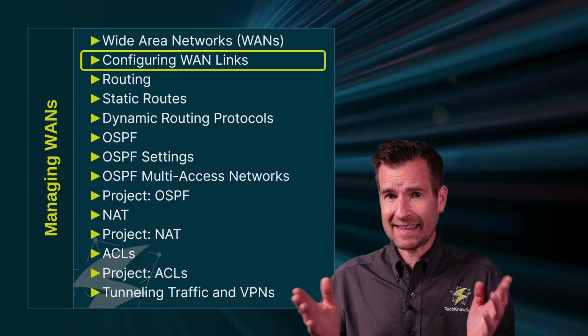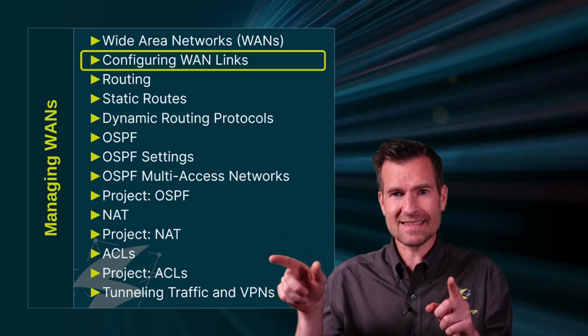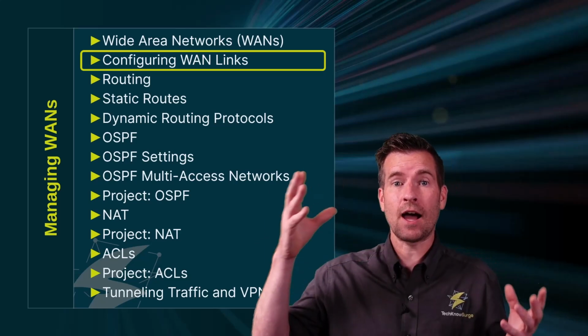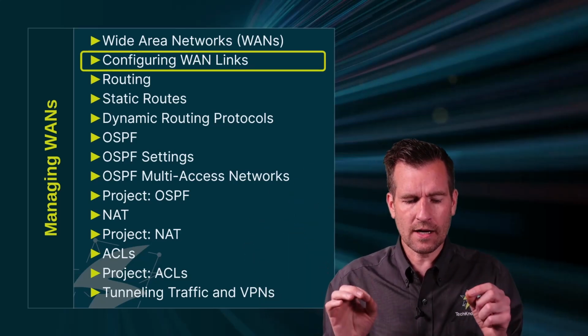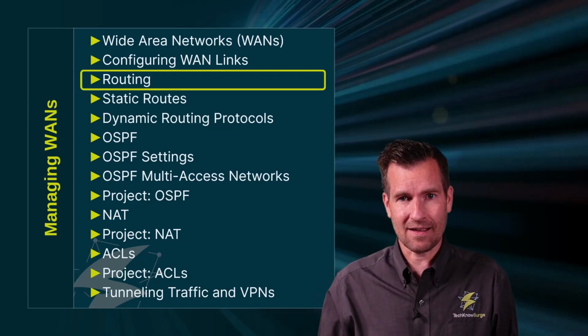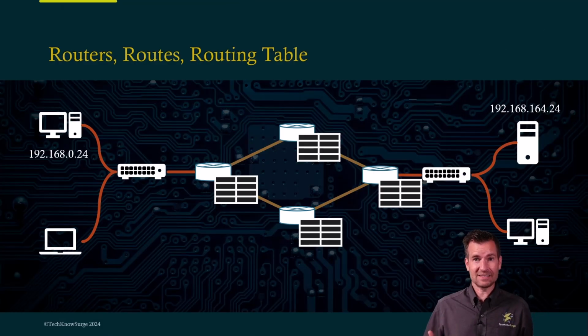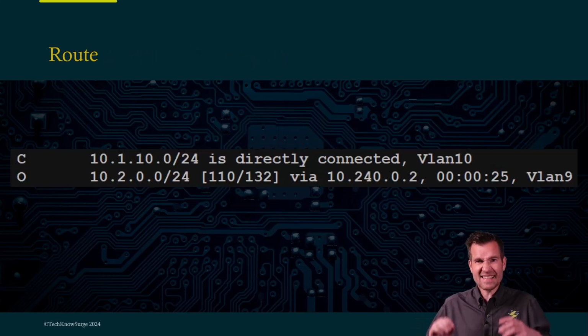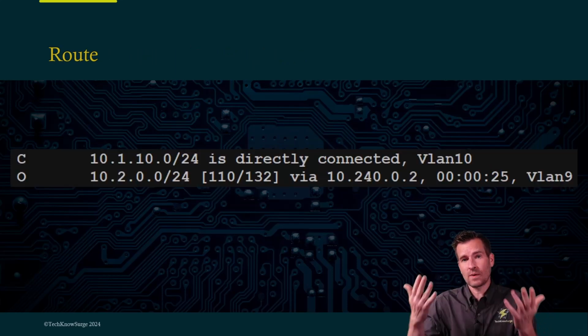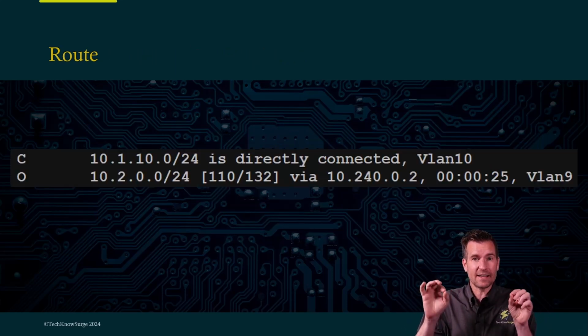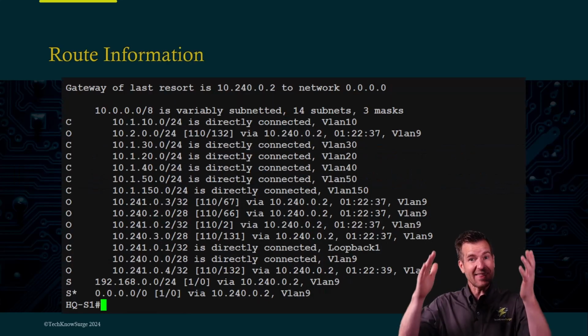And even though we had connectivity from device to device, we didn't yet have connectivity across our network. So we had to start learning about routing and what routing gives us, what routers are and the functions that they carry out. We talked about routes, we got into a routing table, and some of the specifics about what those routes look like and how to identify certain components within a route and that routing table.